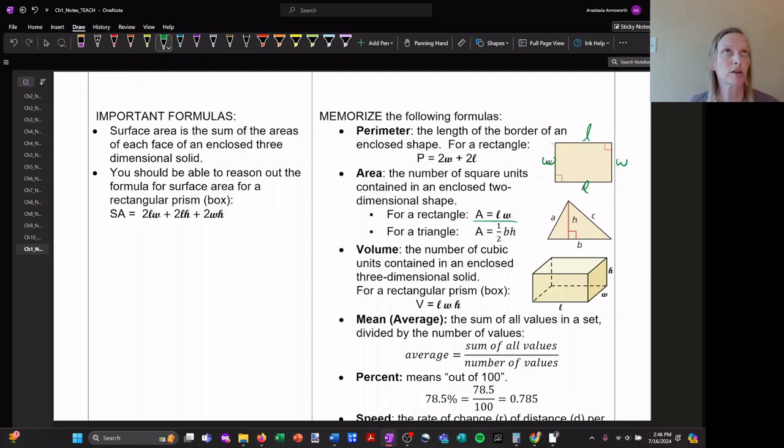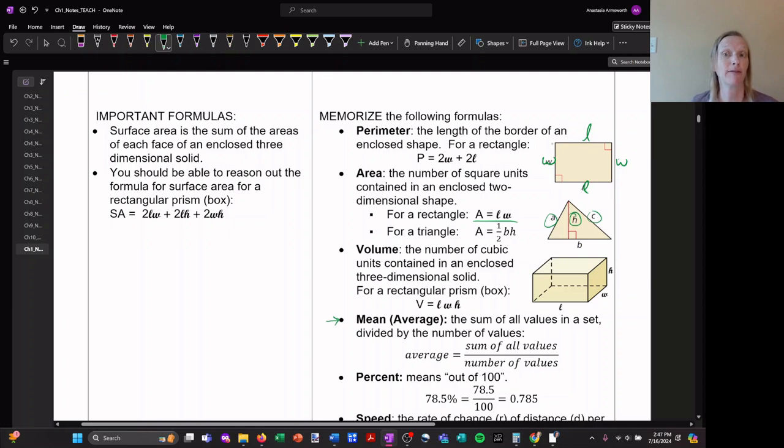The tricky difference is that you measure the height of the triangle, which isn't necessarily the length of one of the sides. Volume is length times width times height of a box shape with 90-degree angle corners, like a rectangular prism or a cube.